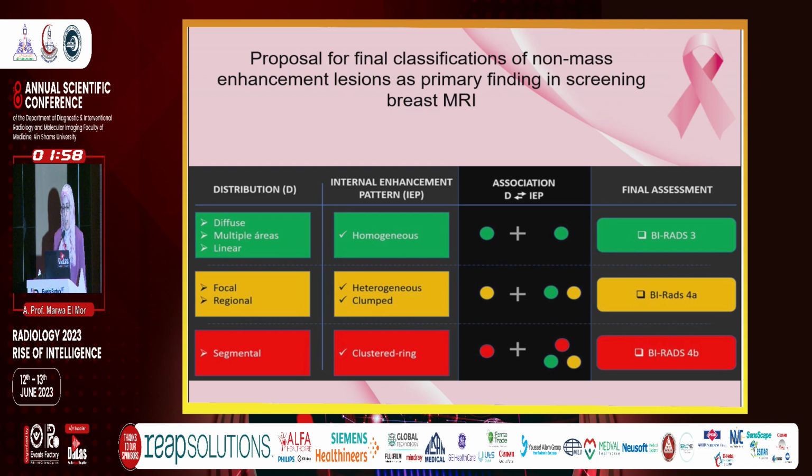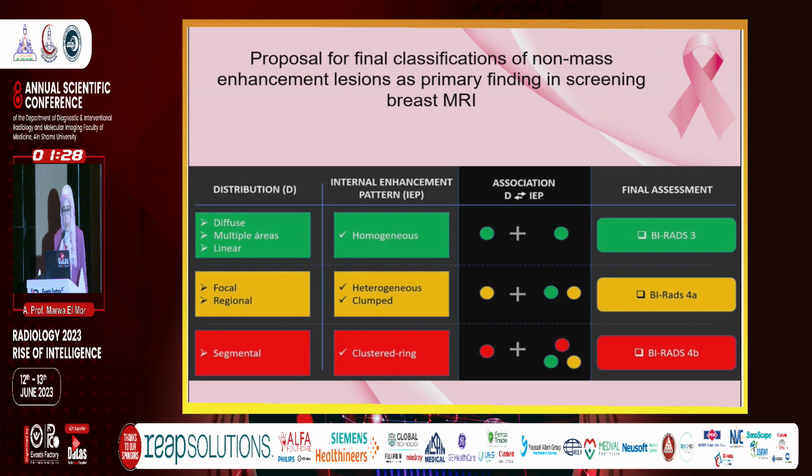This proposal was done by Fleury et al. for final classification of non-mass enhancement lesions as a primary finding in the screening breast MRI. Fleury et al. classified lesions according to the distribution and the internal enhancement pattern. If there is diffuse, multiple regional or linear enhancement and homogeneous, they call this a BI-RADS 3.